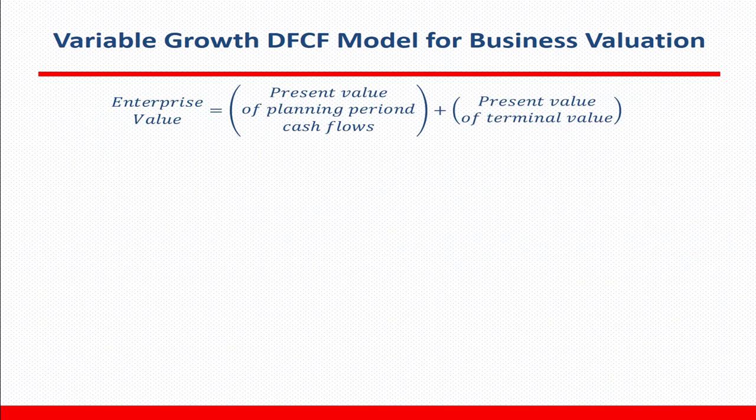Let's talk about the variable growth rate of cash flow case. Here we are assuming that cash flows grow at a higher rate for some time and then grow at a lower rate for the rest of the period. In this case, enterprise value is equal to the present value of all cash flows during the high growth period plus the present value of the terminal value.